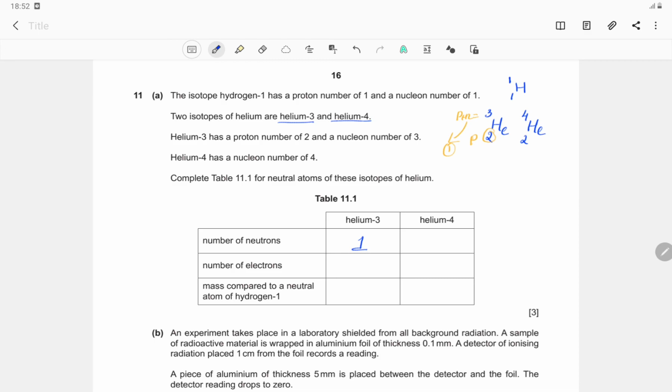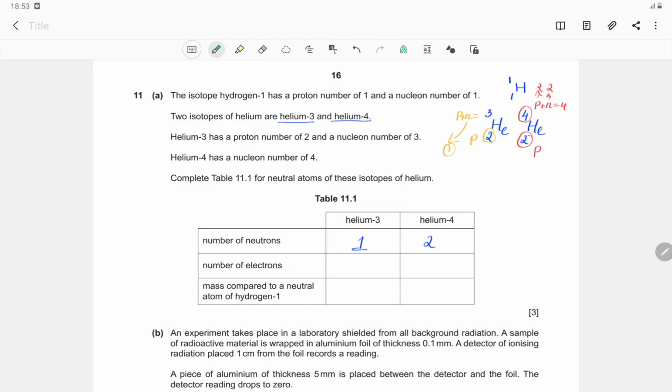Likewise for helium-4, the proton number is 2 and the total mass number, which is protons plus neutrons, is 4. We already discussed the proton number is 2, so the neutron number also must be 2 in order to get the total sum of 4. So for helium-4 the number of neutrons is 2.